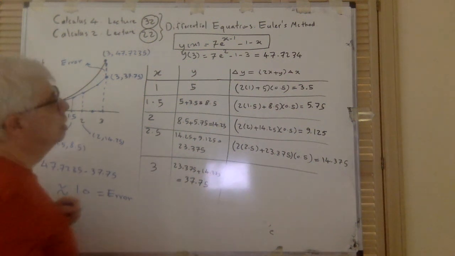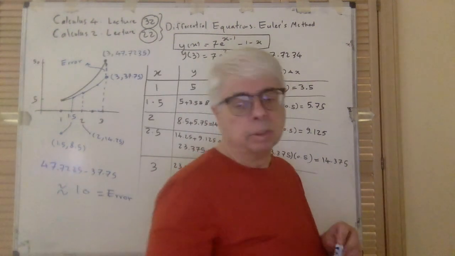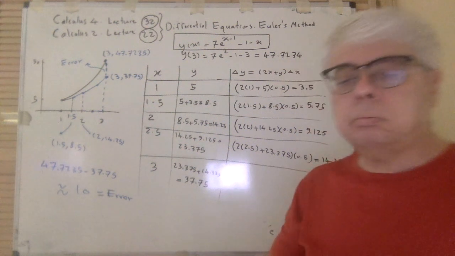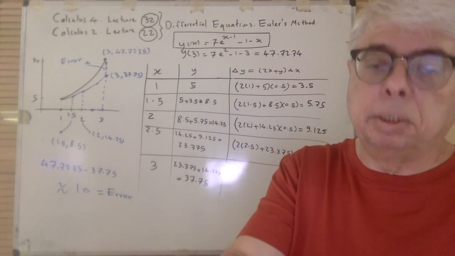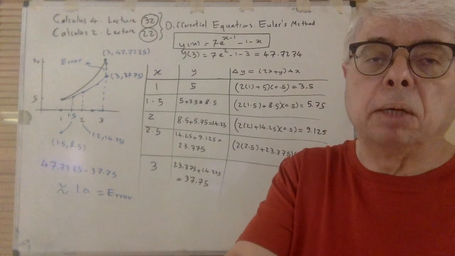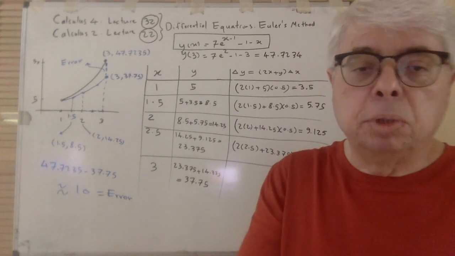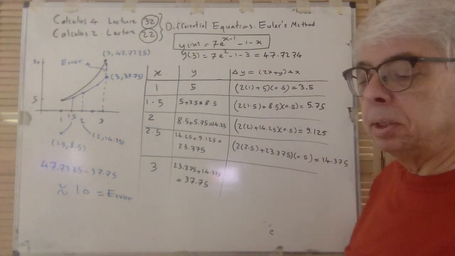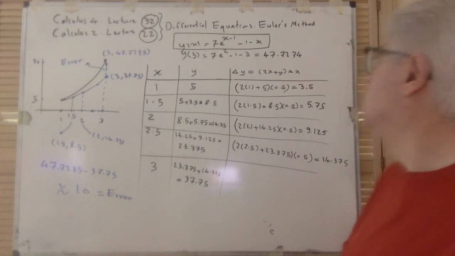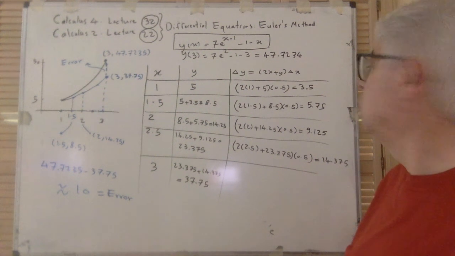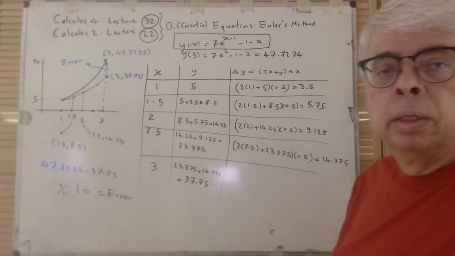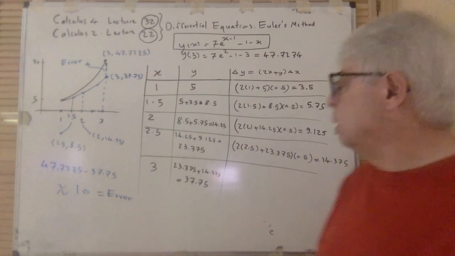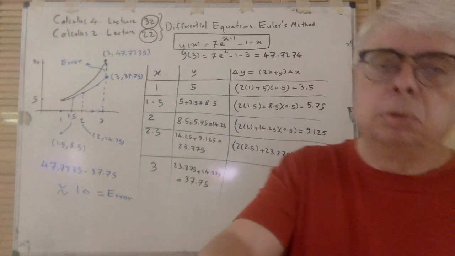Now I encourage those of you who have knowledge to write a simple program in any language and do this for different delta x's and see how close you get to that 47.7234. Okay, so I guess that's it. Next time I will start some new subject.